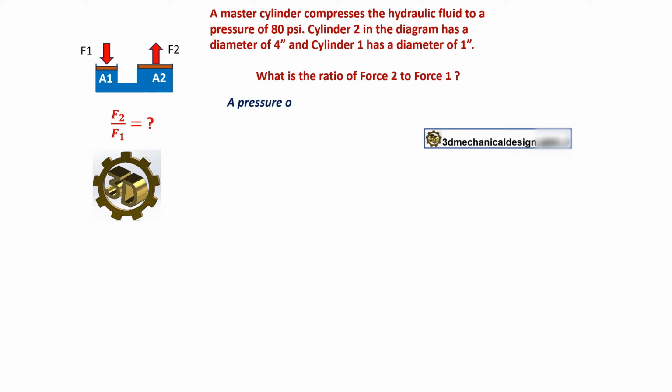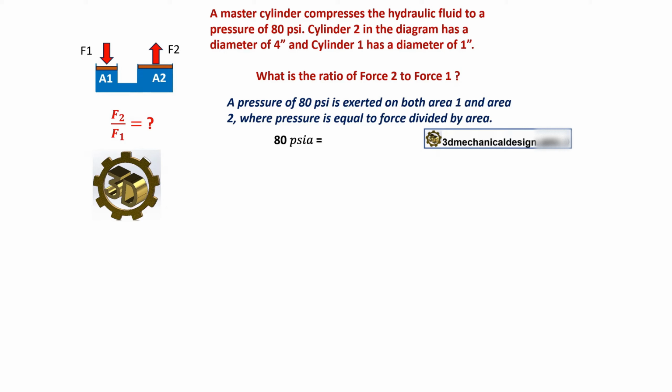A pressure of 80 psi is exerted on both area 1 and area 2, where pressure is equal to force divided by area. 80 psi equals F1 divided by A1 equals F2 divided by A2.